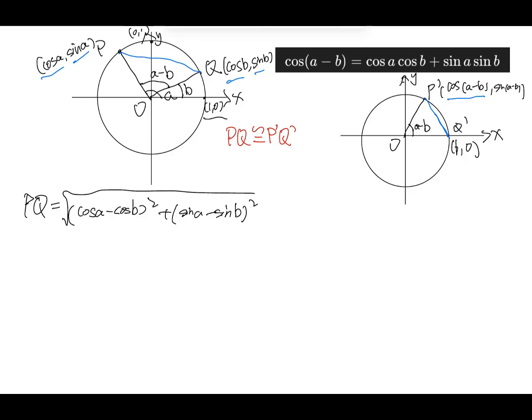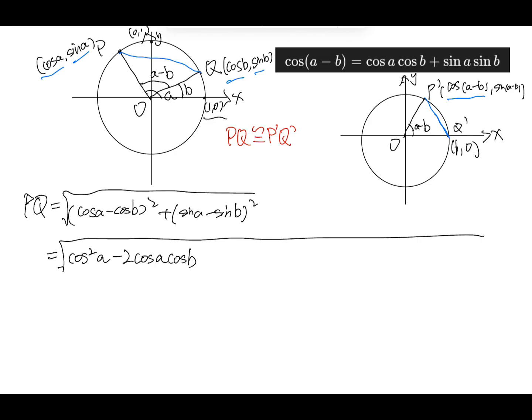Let's expand this. Equals the square root of, this is going to be a long one, cosine squared A minus 2 cosine A cosine B plus cosine squared B plus sine squared A minus 2 sine A sine B plus sine squared B. Now, this is very long, right?